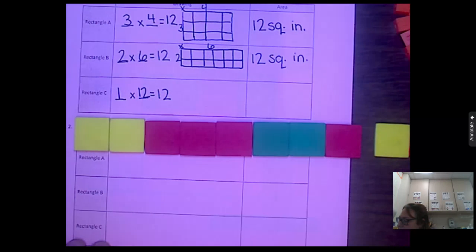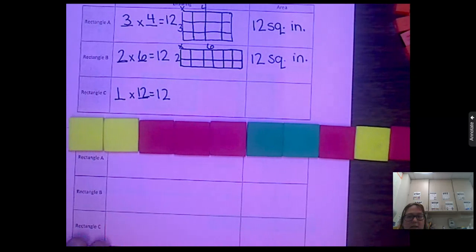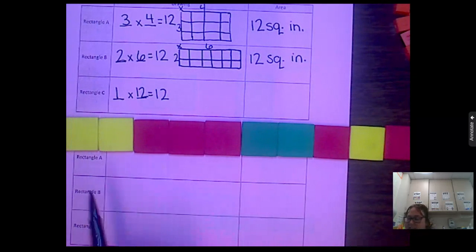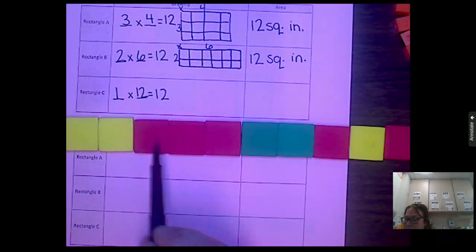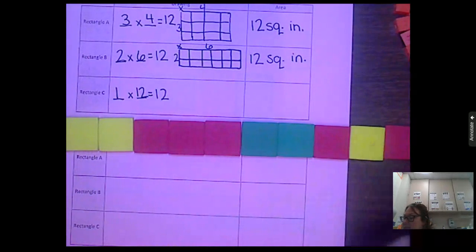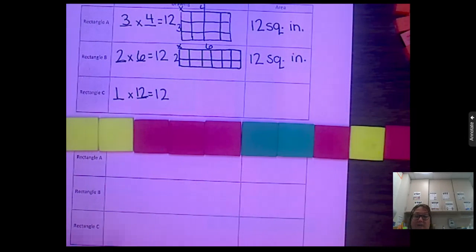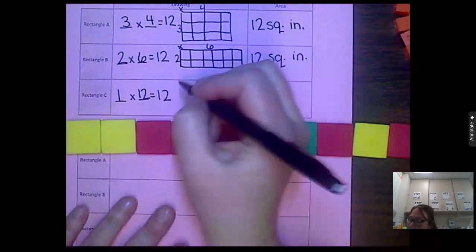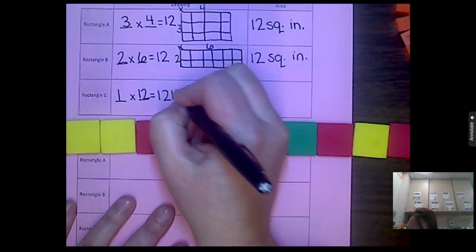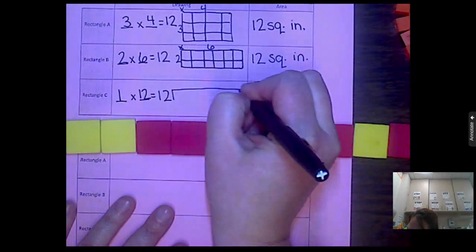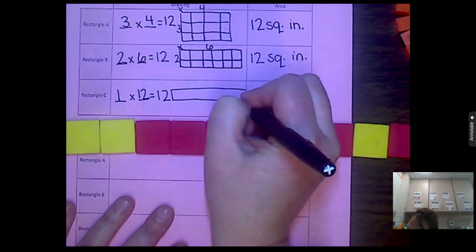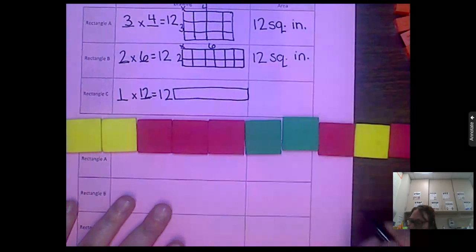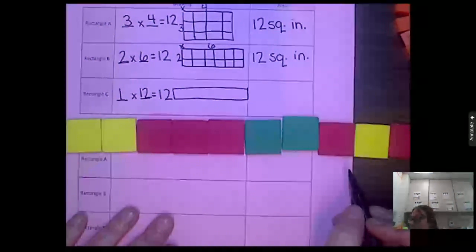Oh, maybe it will all fit on there. Yeah, you can. Okay, so let's see. 1, 2, 3, 4, 5, 6, 7, 8, 9, 10, 11, 12. So there's my square units for that. Okay, so it's really long and skinny. So when we draw this one, I won't be able to make it truly as long as it really is. But I'll make it that long right there, and it has 12 pieces.